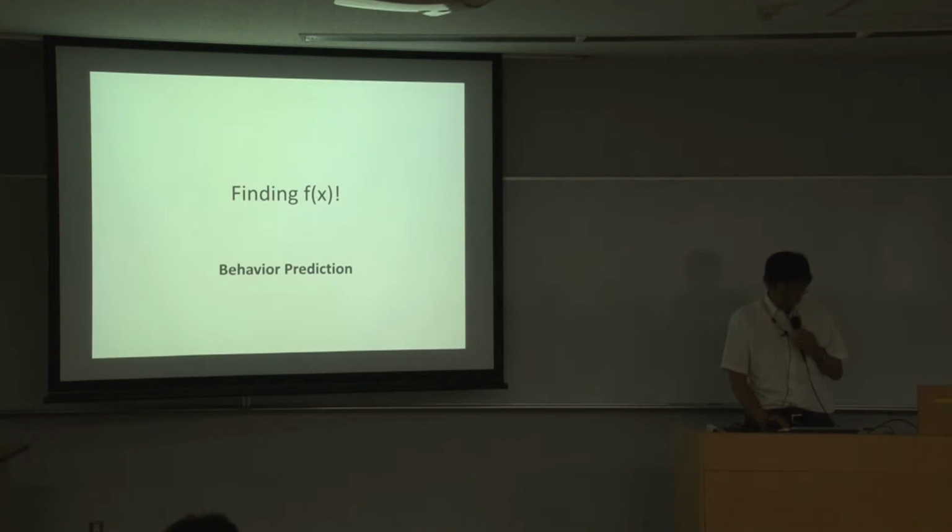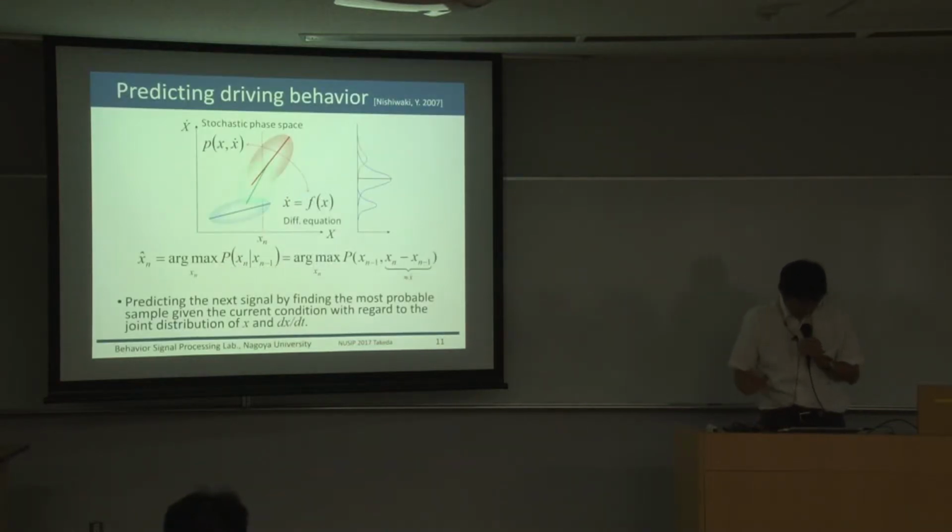Then, how can we find F that associates the real-world data with total value? That is not easy at all. So we have tried a lot of different topics in order to find a good F for particular values. But because time is limited, in this case, I would just like to mention the prediction of driving based on the collected data only.